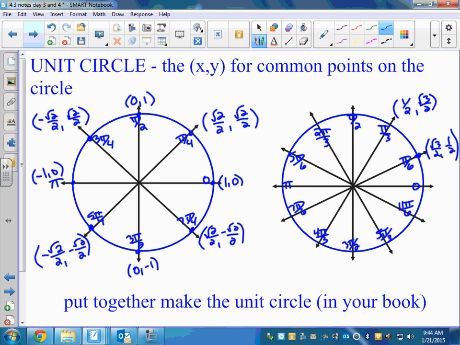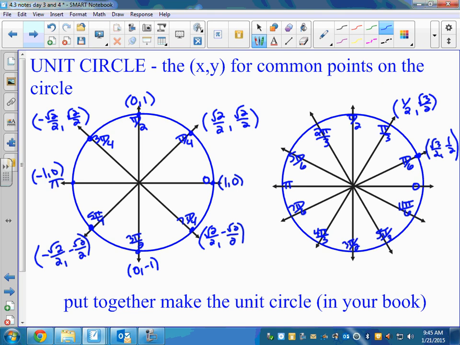Here's what's really great, just like over there in the pi over 4. If you know this first quadrant, you know the rest of these, because you just correspond the reference angles, or all the sixths are going to have the same ordered pairs, because they're the same distance away, you just got to get the negatives right.